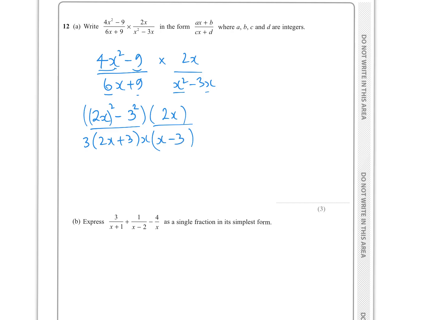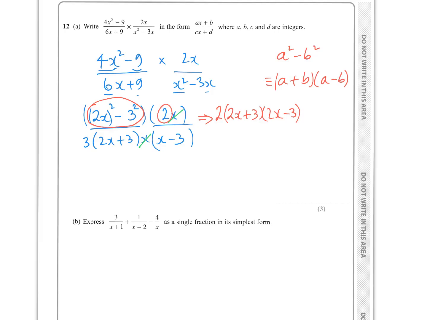So first thing I can see is that this x and this x cancel out. I'm then going to write this as the difference of 2 squares in the form, if you have a squared minus b squared, that would be a plus b times a minus b always. So this can be given as 2x plus 3 multiplied by 2x minus 3 multiplied by this 2, don't forget, all divided by 3, lots of 2x plus 3, x minus 3.